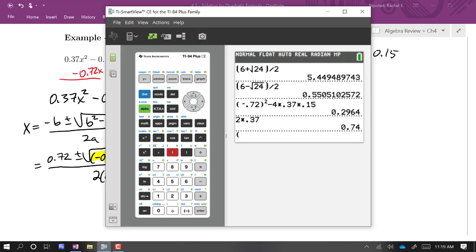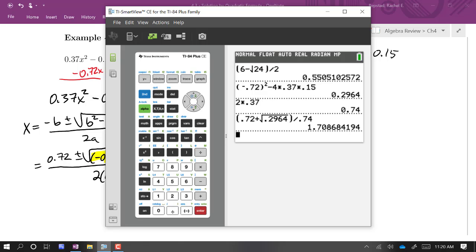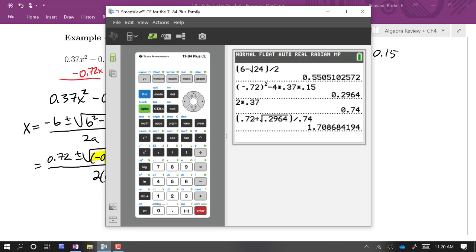Now I can get the approximate values, putting my numerator in parentheses, 0.72 plus the square root of 0.2964, divided by 0.74 is 1.709 approximately. And then my other solution I get just by subtracting, so I'm going to do second entry to bring up my last entry.